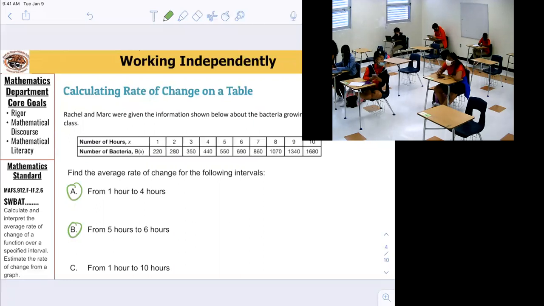It could be a decimal, right? Mm-hmm. Yeah. Nice.